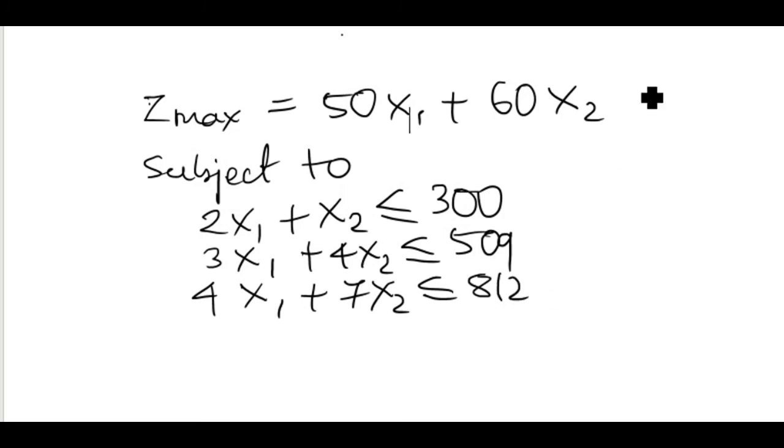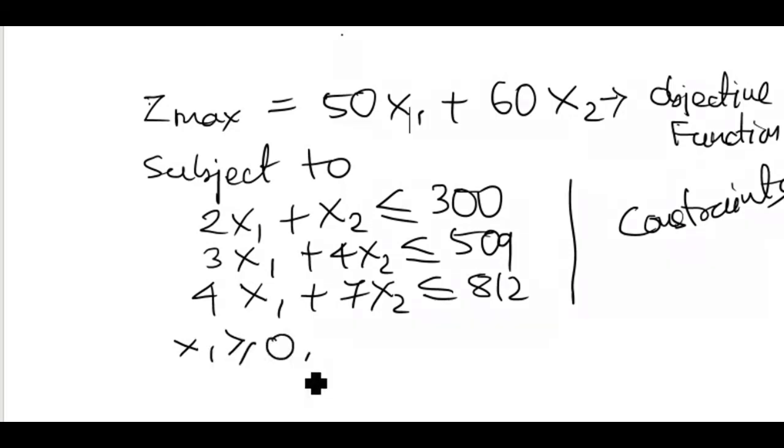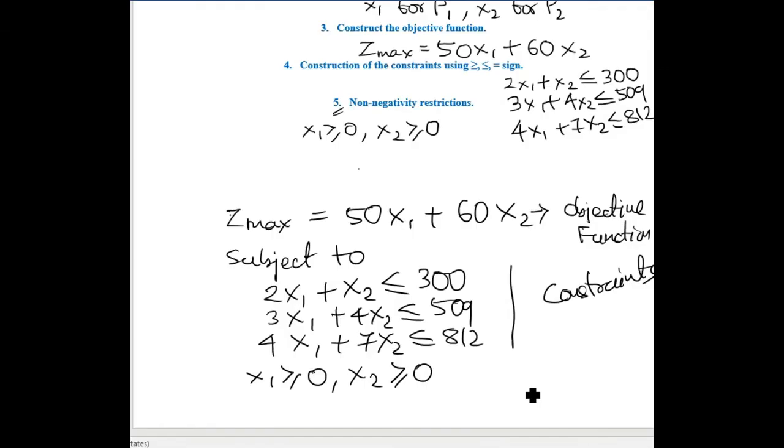This is the objective function, and these three are my constraints. Then the non-negativity constraints: x1 greater than or equal to 0 and x2 greater than or equal to 0. Is this clear to all of you? Yes, sir.